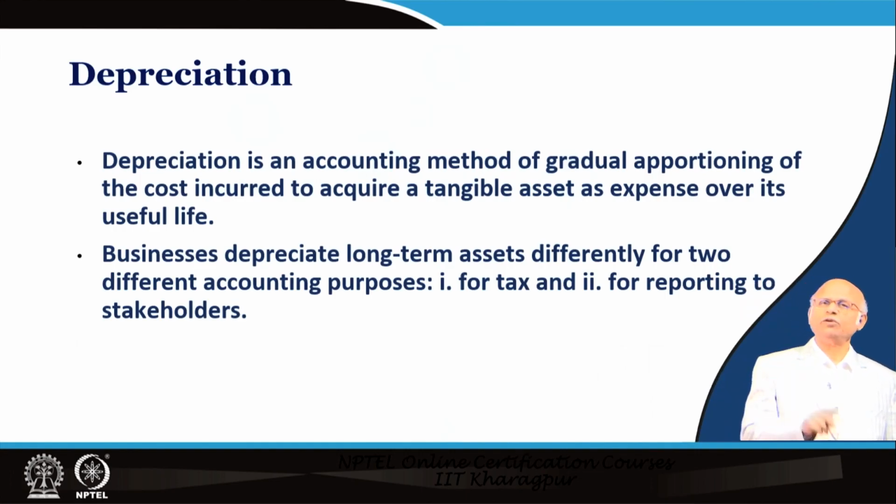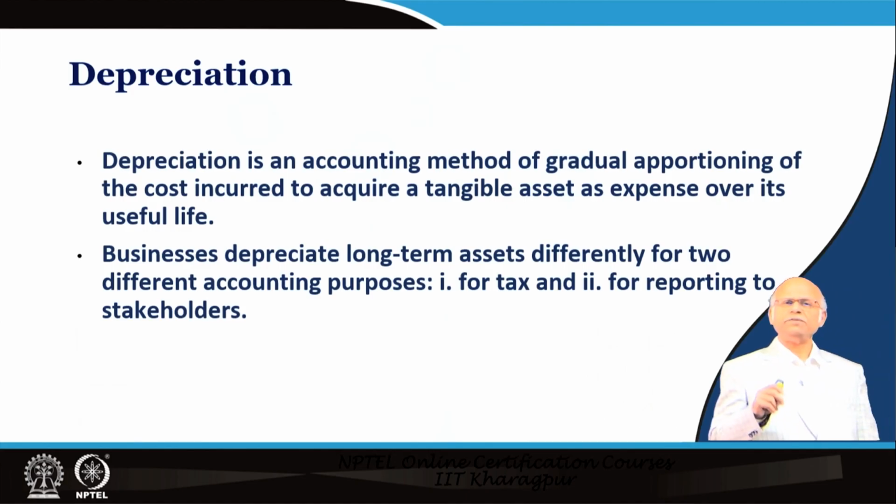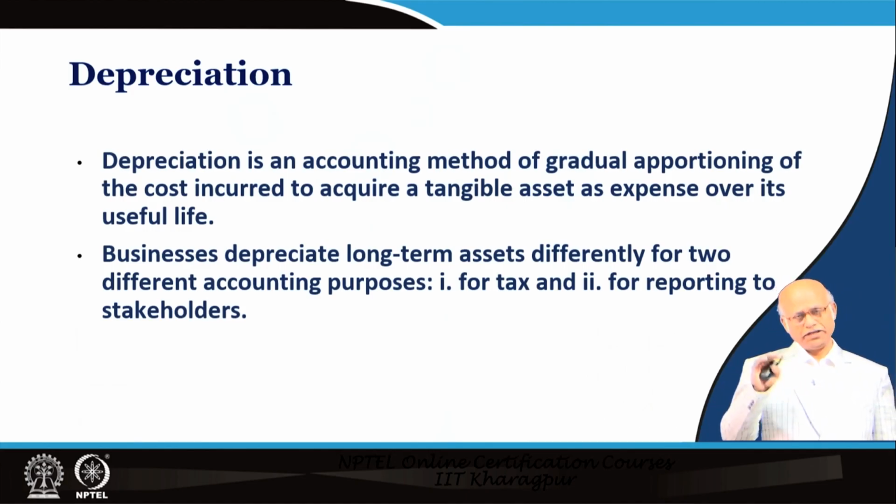Why this difference and how this difference? Number one, why this difference? This difference is because every country, say for example India, intends to promote investment in certain kinds of machines and certain kinds of activities.